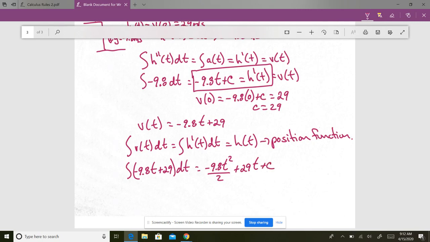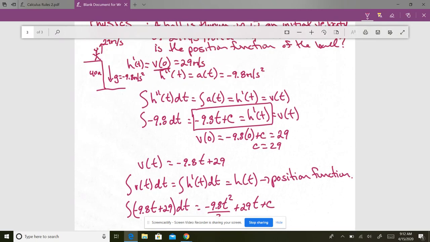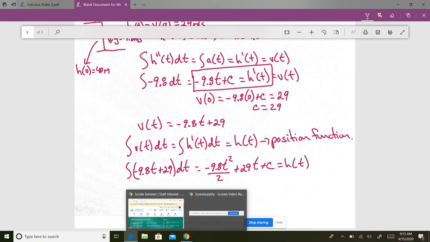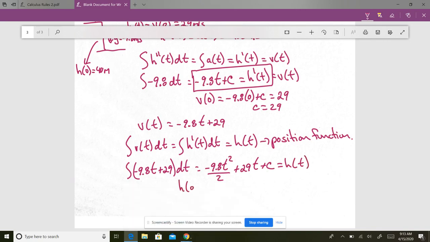I'm going to solve for c because I know that my initial height at time 0 is 40 meters. So this is h of t, and if I do h of 0, negative 9.8 times 0 squared over 2, plus 29 times 0, plus c, that all equals 40.